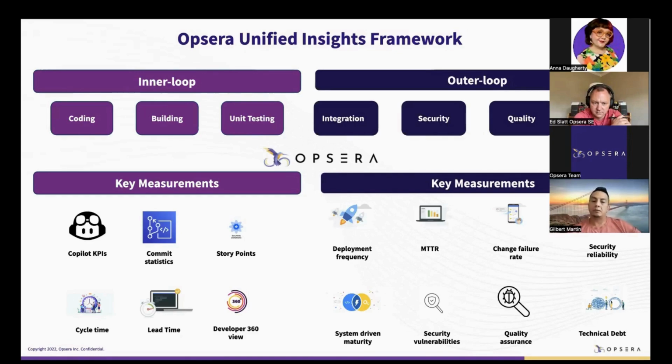That's where DORA comes in, where you can start seeing how fast your delivery is as you move from a monolith application to a microservices application, and how fast that needle moved.